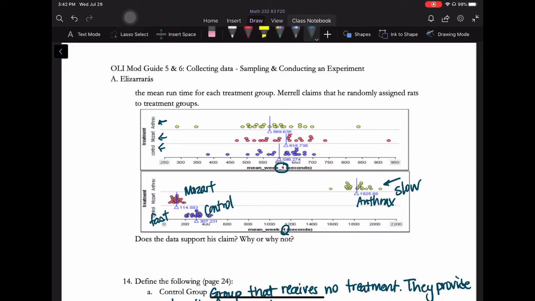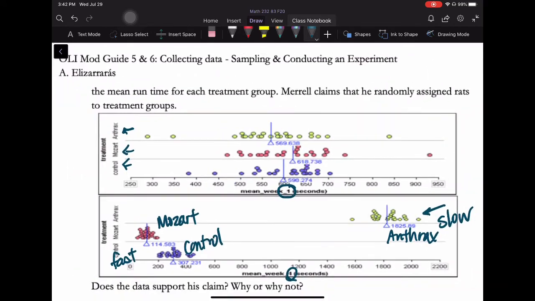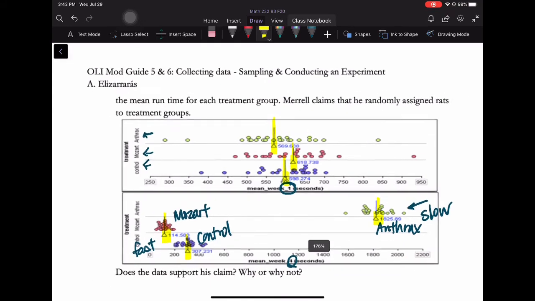Now, if you notice on these graphs, there's these lines here with a bar underneath it. That's the average. So that's telling you what the average of that time is. So the average here for Anthrax rats versus the average here for the Mozart rats and the average here for the control rats. And then on the fourth week, that's where you see those averages as well.